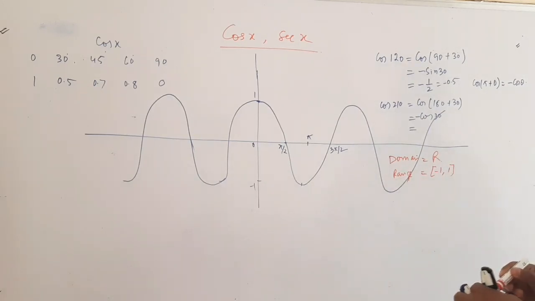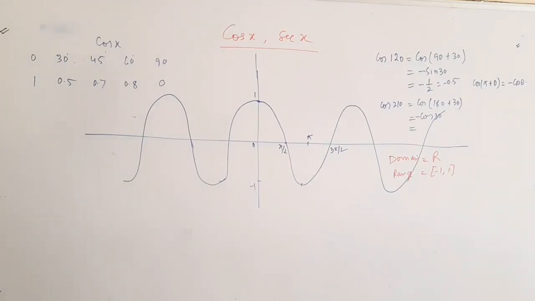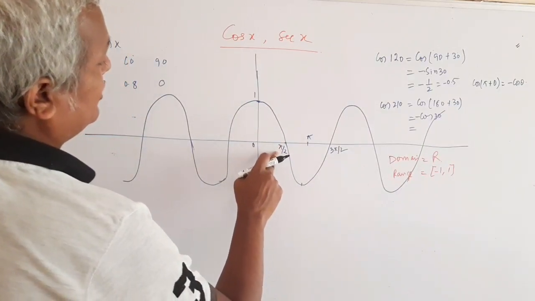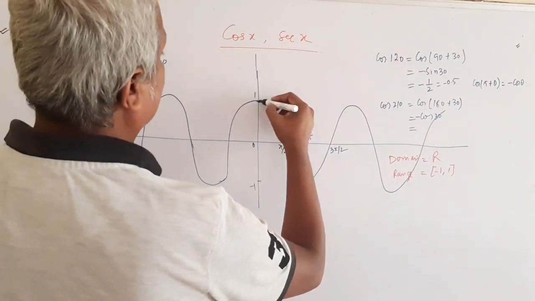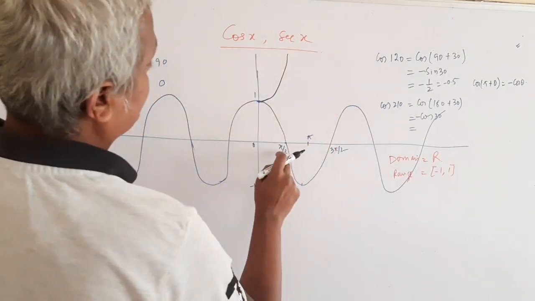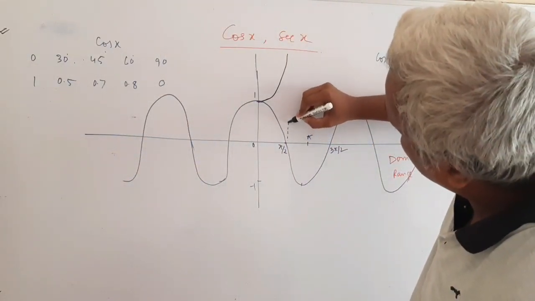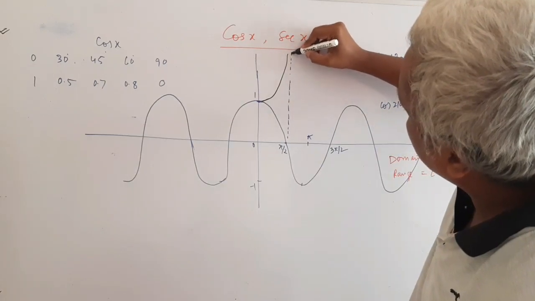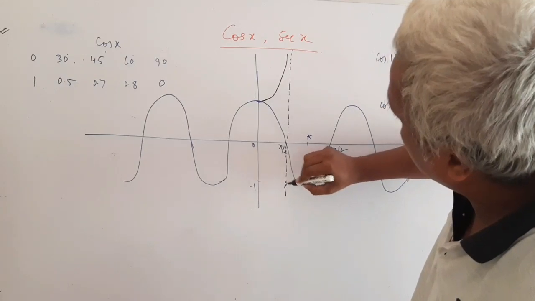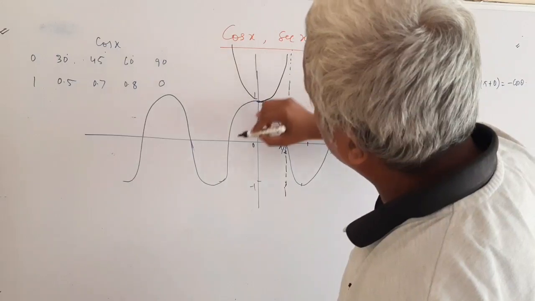Now I go for the sec function. Same way. So suppose for this section, when it goes from 1 to 0, what you'll get? You'll get your graph from here to here like that, increasing. So when it becomes 0, then you get a line which is parallel to the y-axis. At pi by 2, it is kind of infinite, and graphically it means it is parallel to the y-axis. Here also this goes like this.